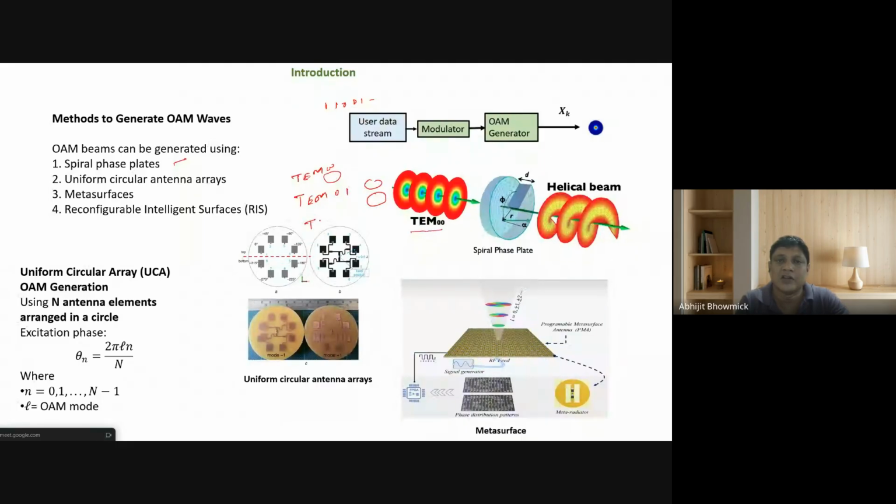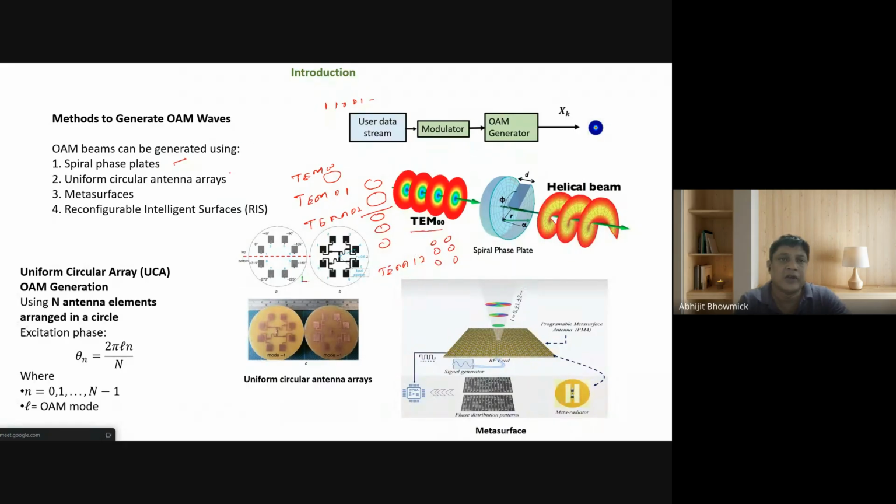When I say TEM 02, it would be split into three parts: 1, 2, 3. Anyway, this is not our discussion part. This is one transverse electromagnetic wave. When it passes through this spiral phase plate, it automatically becomes a helical beam.